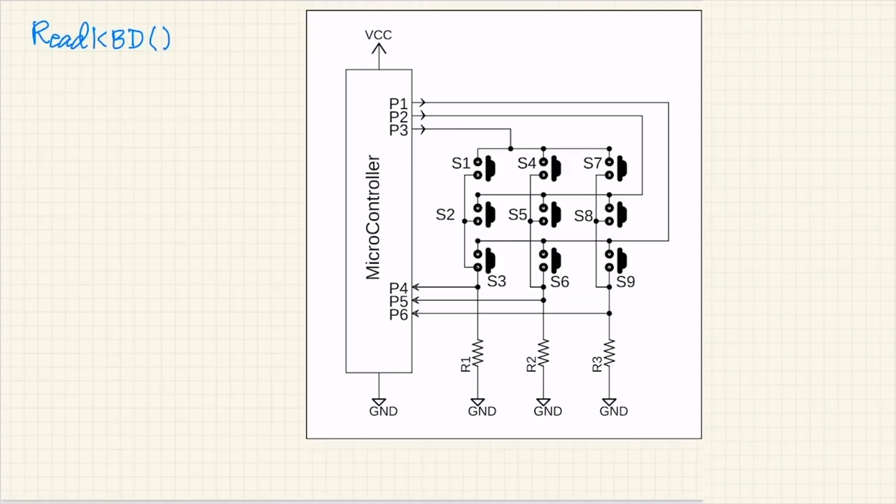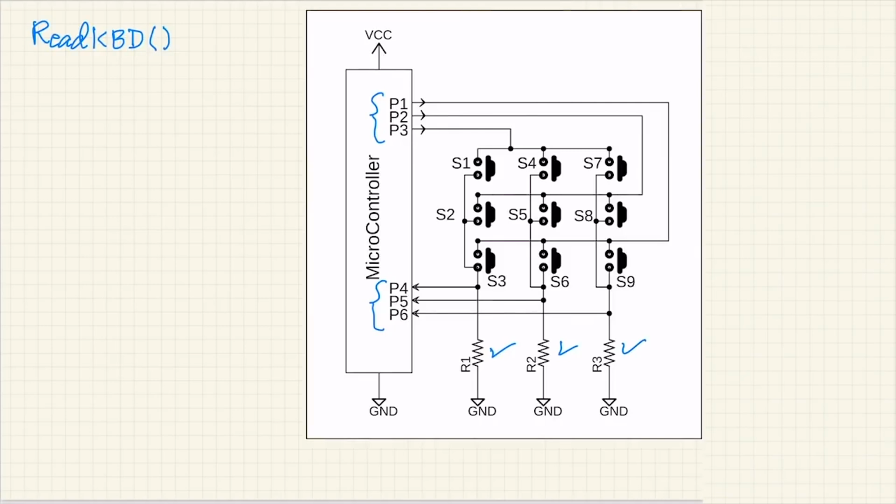This function will be called by the microcontroller and it will perform the task of identifying if any switch has been pressed, and if a switch has been pressed, what is the code of that switch. Now I have brought this diagram here for easy reference. We know that port pins P1, P2, P3 have been declared as output pins, and port pins P4, P5, P6 are input pins, and there are three pull down resistors R1, R2 and R3.